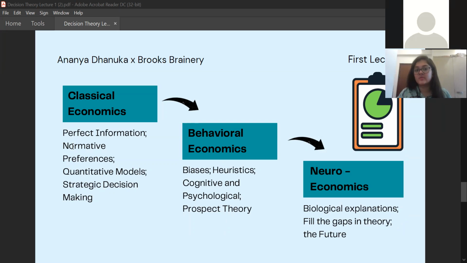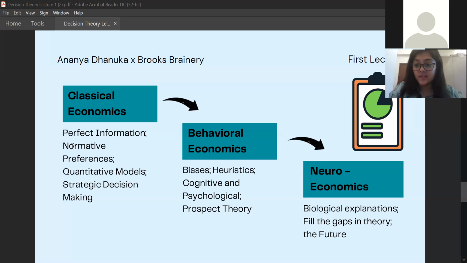But in general, when I use the term classical economics, it refers to these stringent assumptions of rationality, of maximizing utility, and of always working in your self-interest, those sort of things. Those are what we are considering as classical economics, the foundation of economics as we know it.